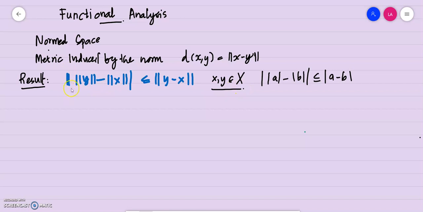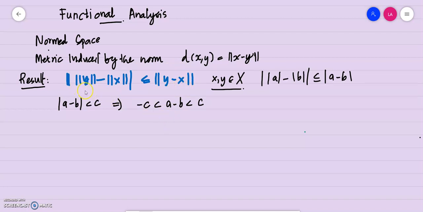So we have to prove that modulus of (norm y minus norm x) is less than or equal to norm of (y minus x). We have a definition which is: modulus of (a minus b) less than c implies minus c less than a minus b less than c. So let this quantity be c.